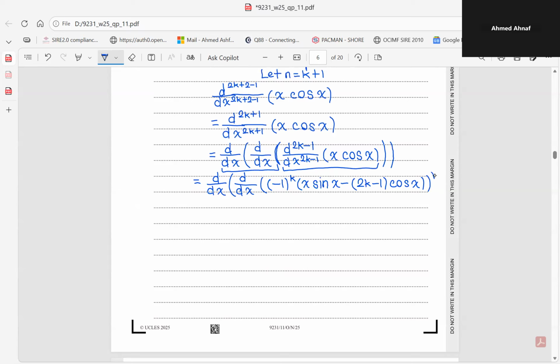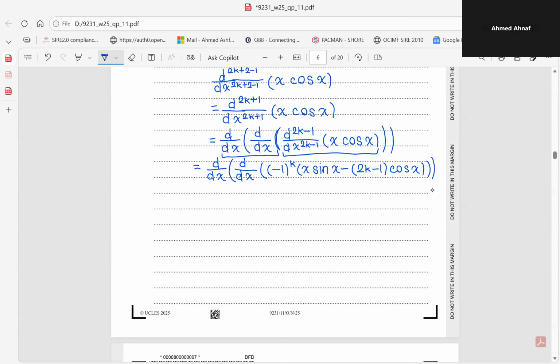Now we're going to differentiate this entire expression. This one is a constant, so we can leave it out.